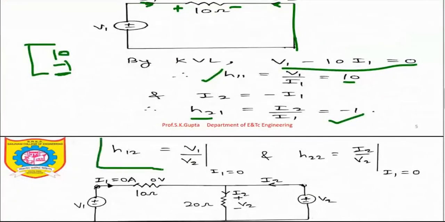The formula for H12 is V1 upon V2, and the condition is I1 equal to 0. The formula for H22 is I2 upon V2, condition I1 equal to 0. So make the I1 current 0 and redraw the circuit. Here I1 is 0 ampere, so the voltage across this 10 ohm is also 0 volt.